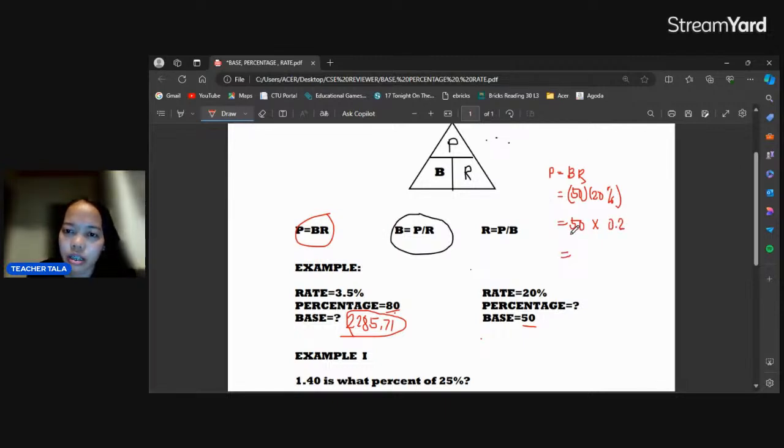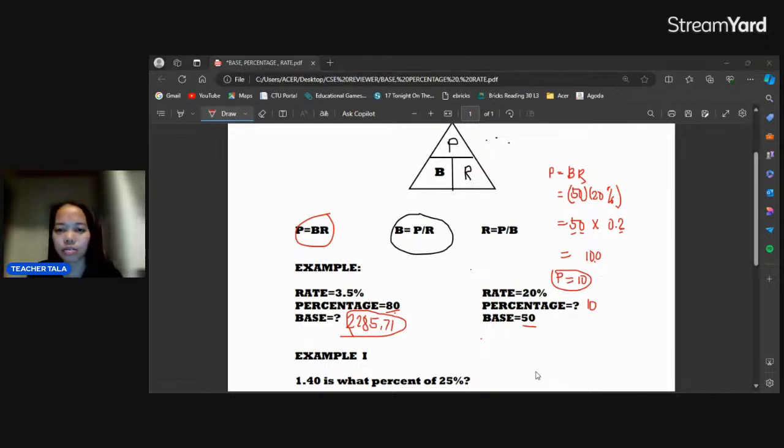So you just multiply 5 times 2, that's 10. Add the 0, 100. Now count the decimal point, that's 1. So that's only P is equal to 10. So this is the answer. So 20% of 50 is 10.